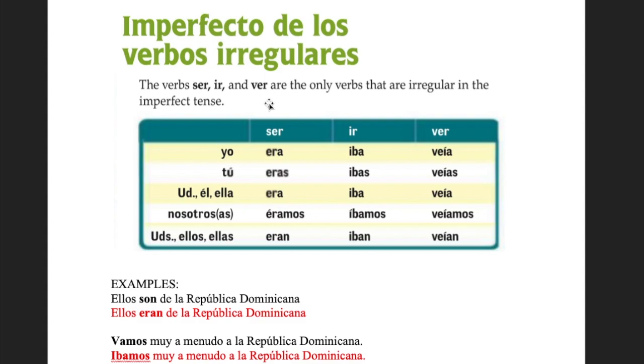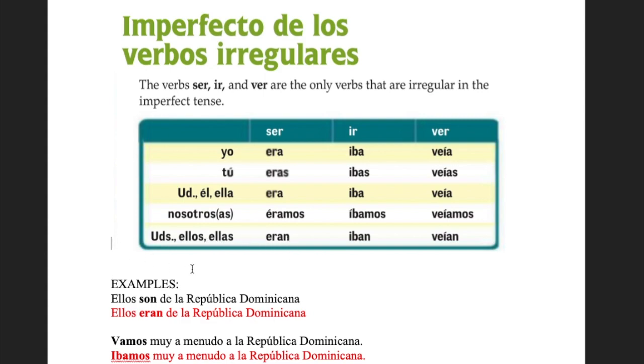So something you were, you went, you saw, all in the imperfect tense, but we're talking about the past, something that had happened. For example, right here, I'll just read this first section. Yo era, tú eras, usted, él, ella era, nosotros, nosotras éramos, ustedes, ellos, ellas eran.